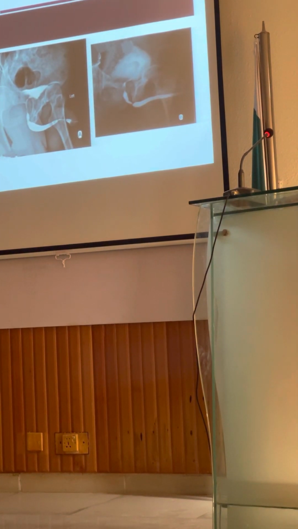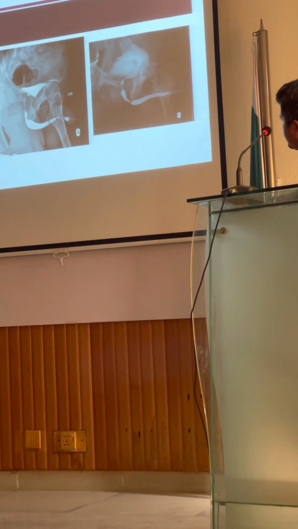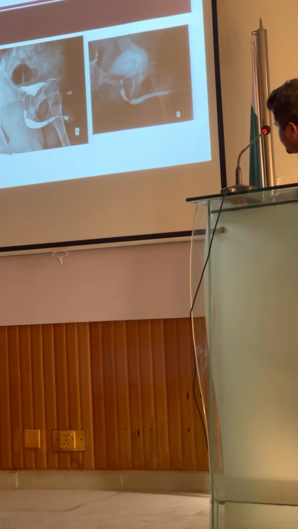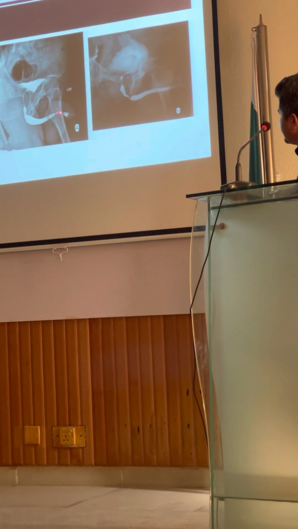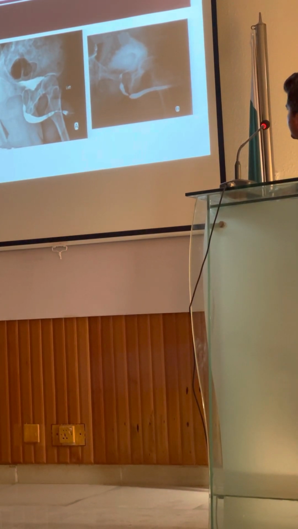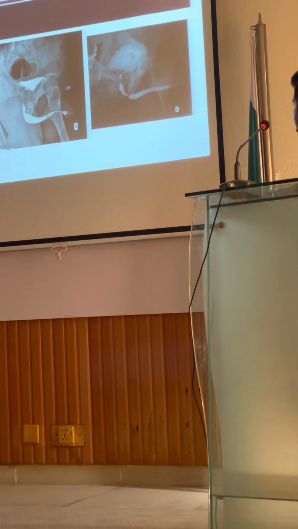Now this is another very useful urethrogram, which is showing us strictures of the urethra. If you look at figure A, you can see here a stricture, and this is the catheter.